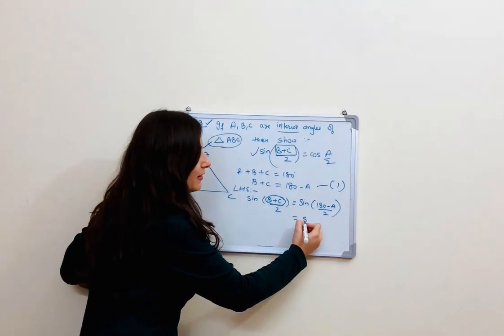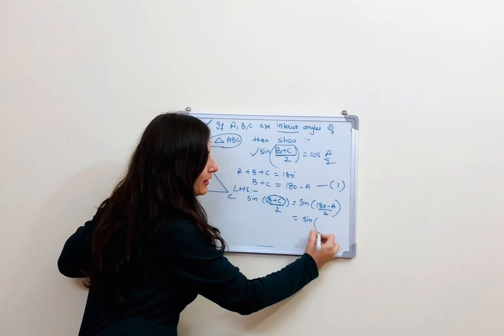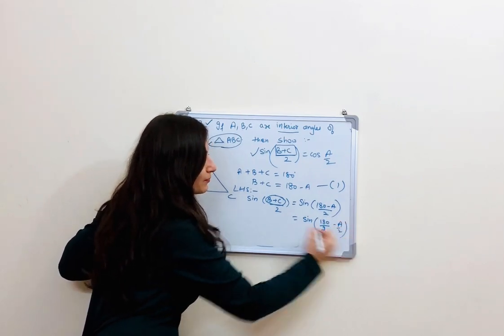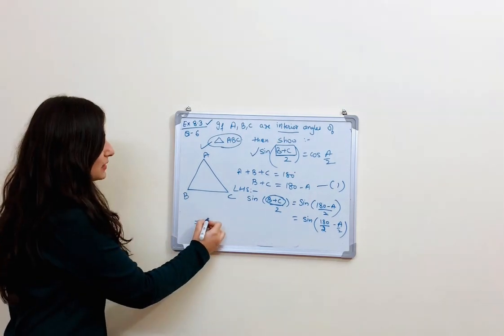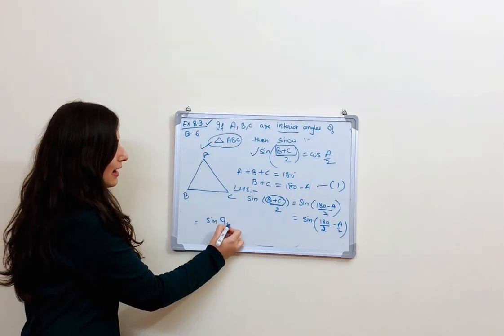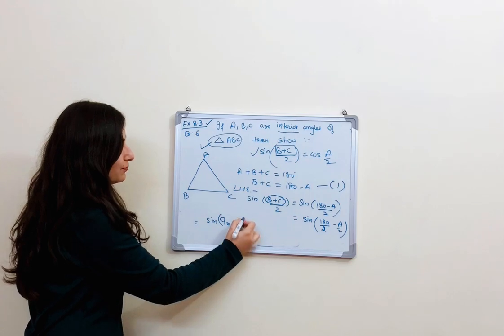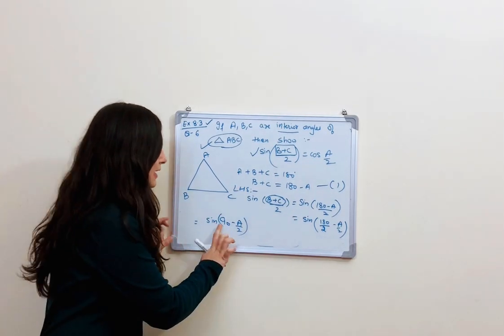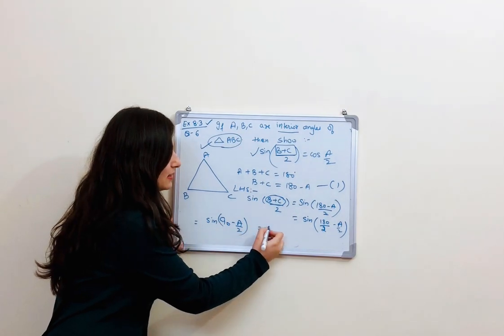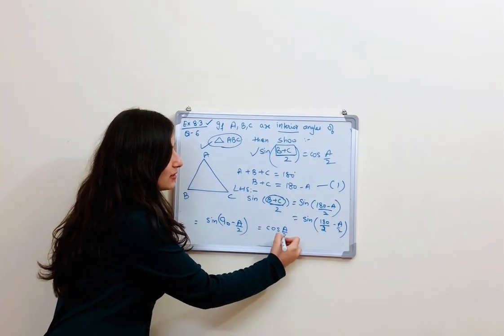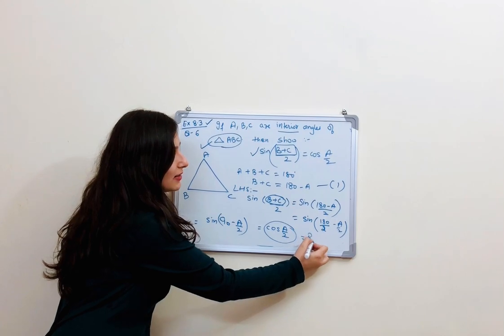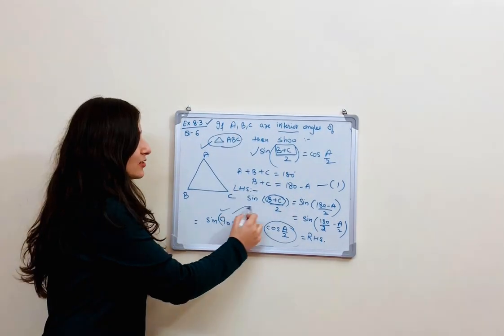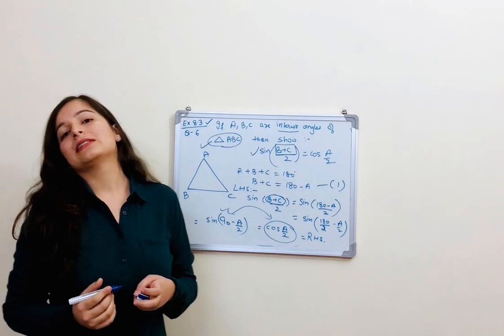And if I divide the 2 with each term individually, 180 by 2 and A by 2, this will become sine (90 minus A by 2). And this we have already done in this concept: sine 90 minus theta is equal to cos theta. And that is RHS. Hence proved. So we are simply applying this concept to get to our result.